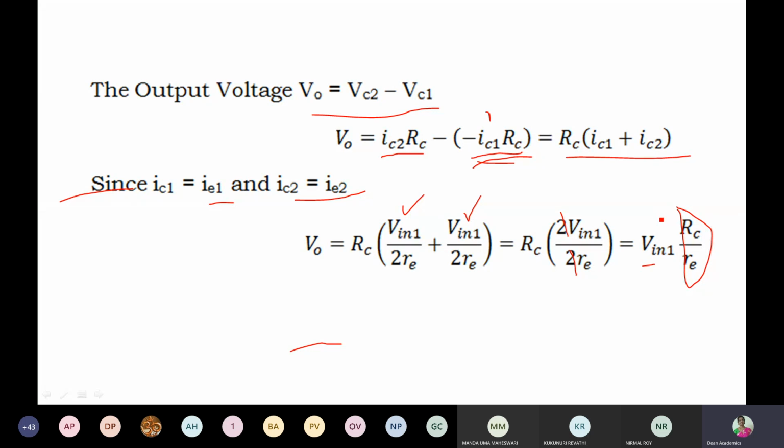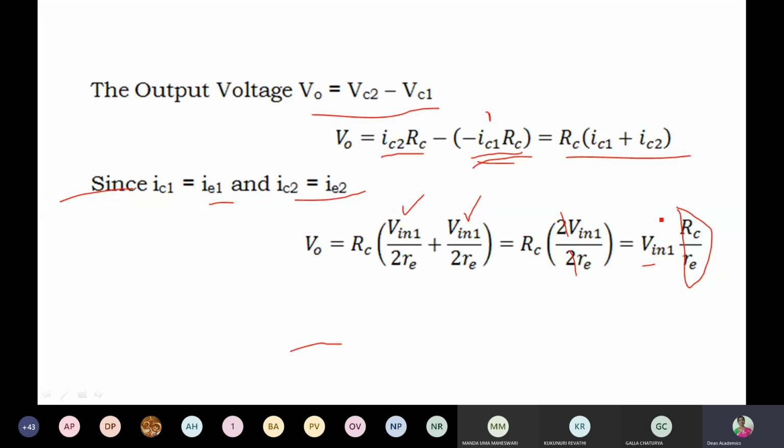After getting V0, what do we do? One of you tell me. Input resistance? No, V0 we got.